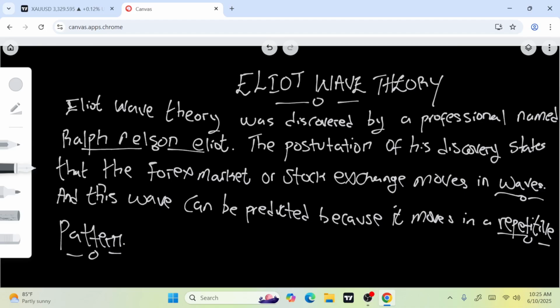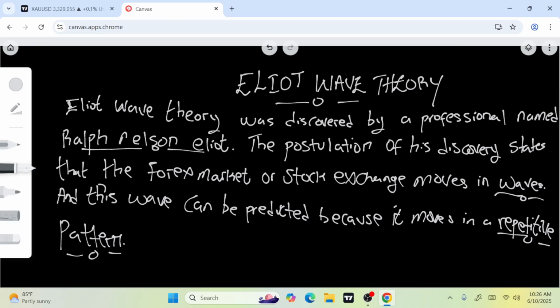Postulation means a research theory. Do you get it now? Please take note of those things.